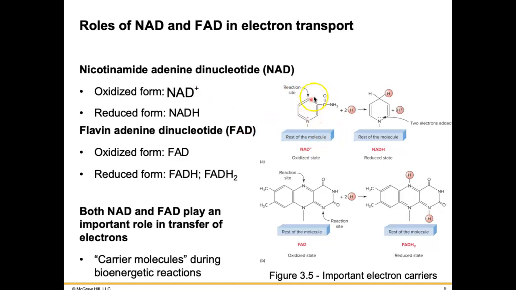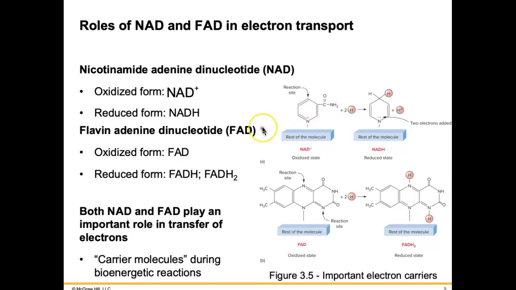This is the site where a reaction takes place, adding two hydrogens for it to become NADH, which is now our reduced form. A hydrogen attaches here and then there is a free-floating hydrogen. These two red dots let us know that two electrons have been added, whereas here we have the plus, meaning we have one less electron in that structure.